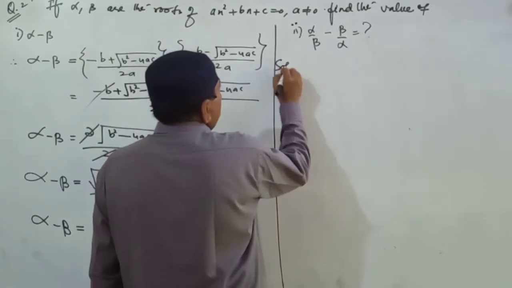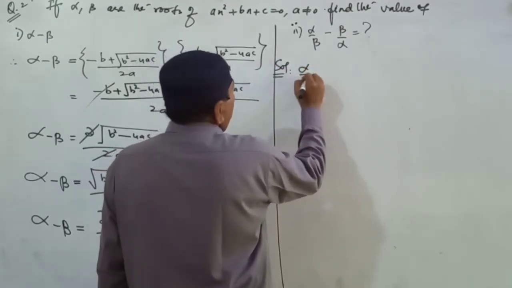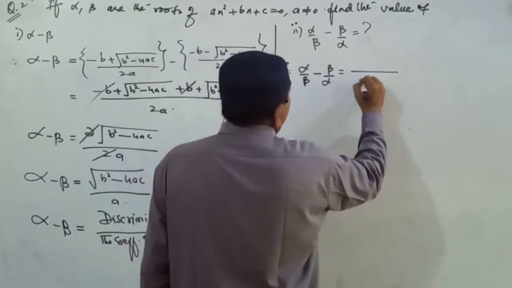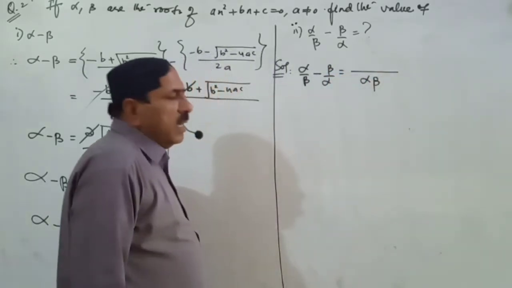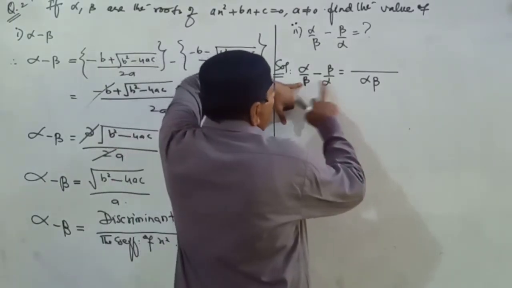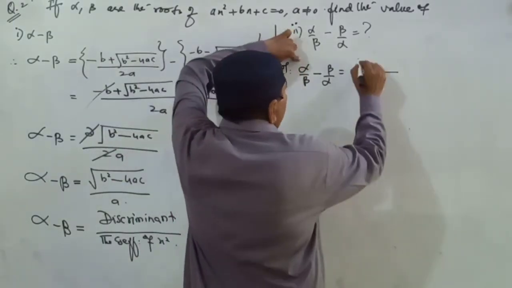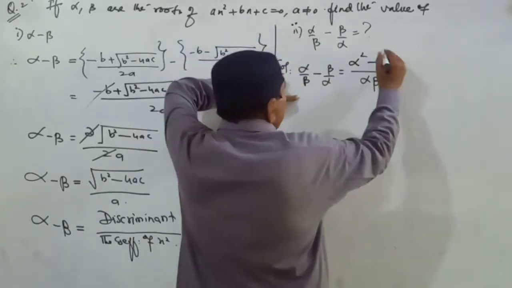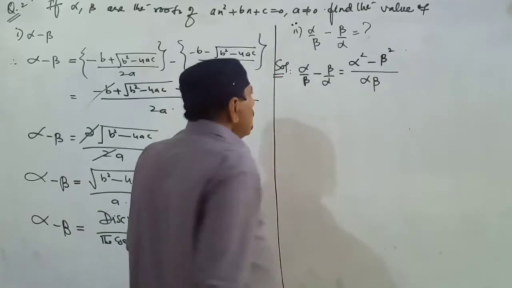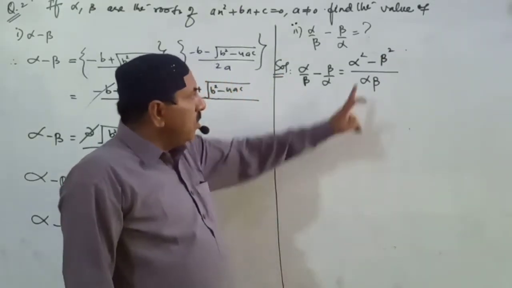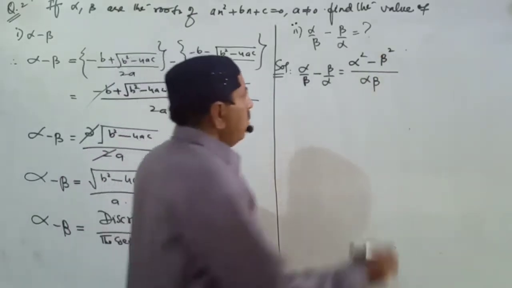So solution. Alpha upon beta minus beta upon alpha is equal to, alpha beta is the LCM, alpha into alpha minus beta into beta. So alpha upon beta minus beta upon alpha is equal to alpha square minus beta square upon alpha beta.